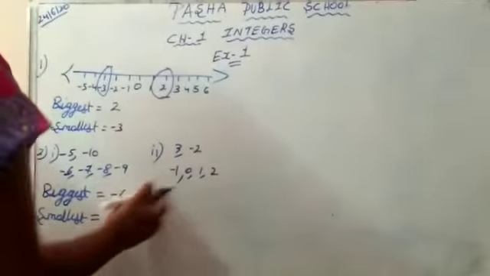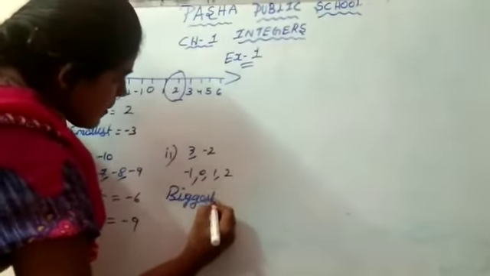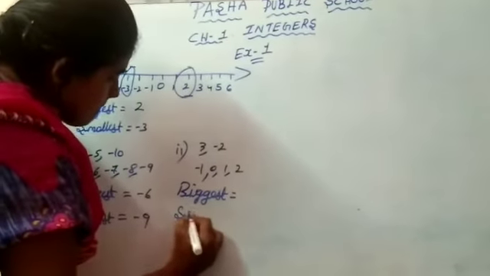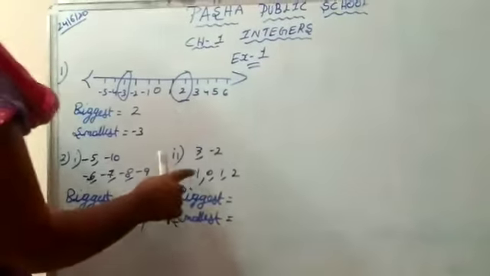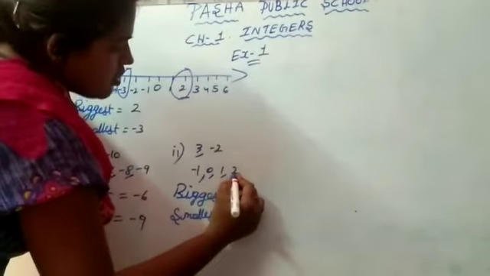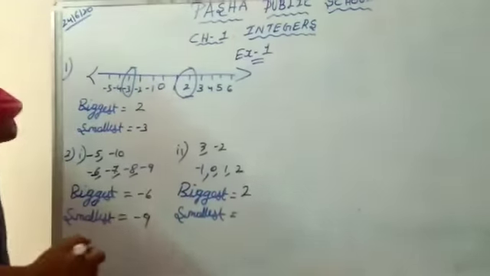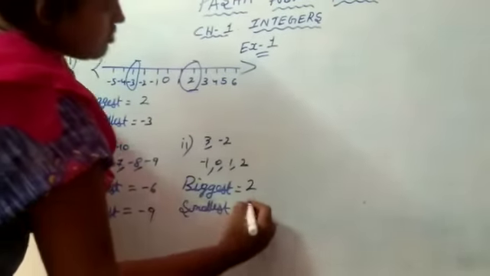Now they are asking you to find the biggest and the smallest. When you compare positive and negative, what will be your biggest? Positive number will be biggest. So the positive number is 2. Now what is your smallest negative number?